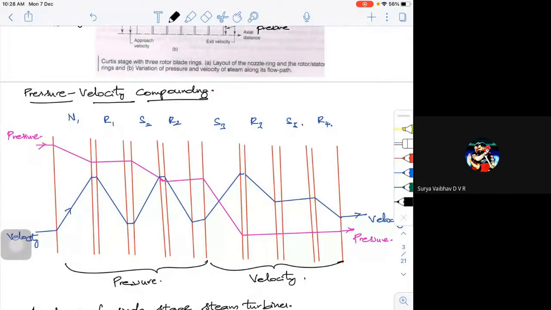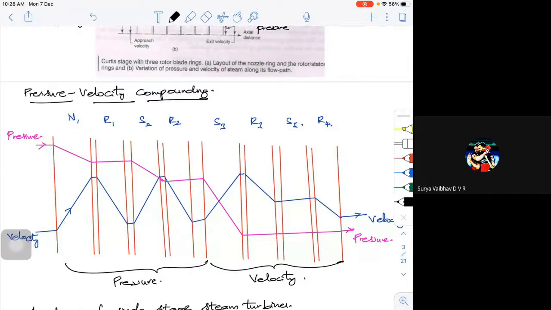Then the pressure is also getting absorbed in the stator. Then in the rotor, the pressure almost remains constant and the velocity is getting absorbed, that is, the kinetic energy is getting absorbed. That becomes your first compounding, 2 stages. That is the pressure compounding part.